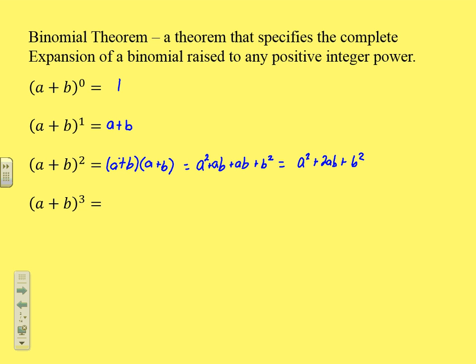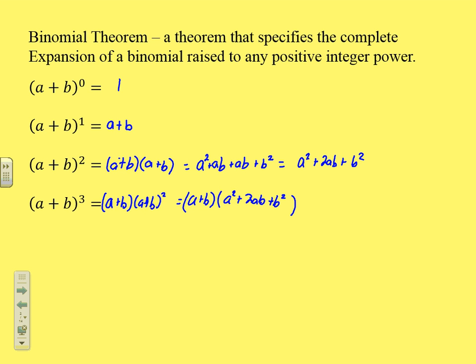Moving on to the next one, a plus b cubed is the same thing as a plus b times a plus b squared. So we can say a plus b times a squared plus 2ab plus b squared.